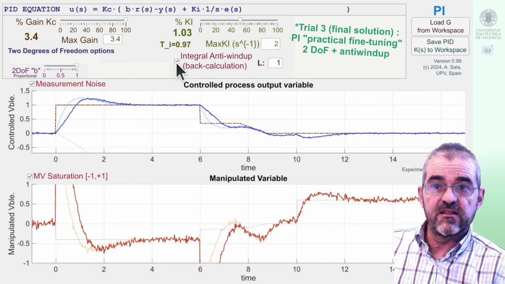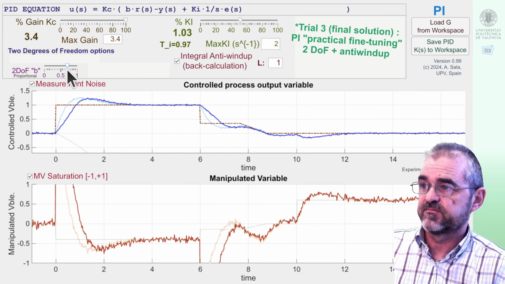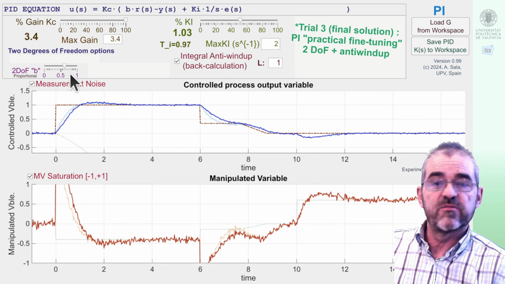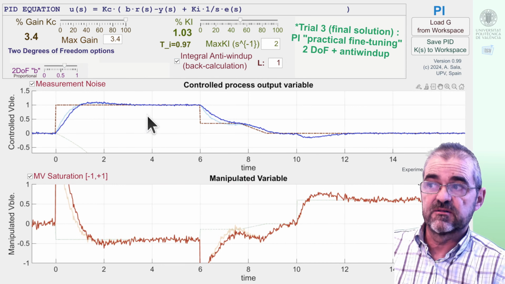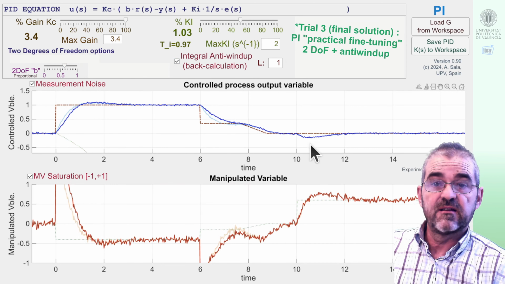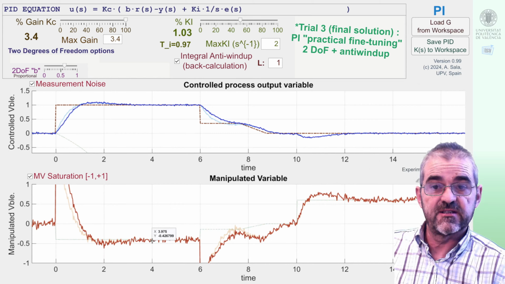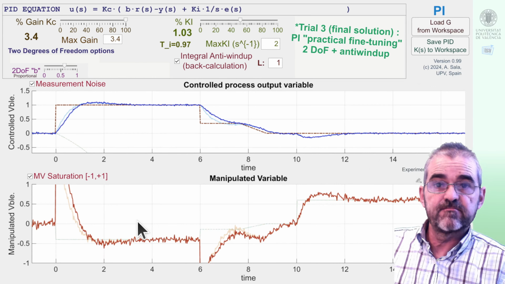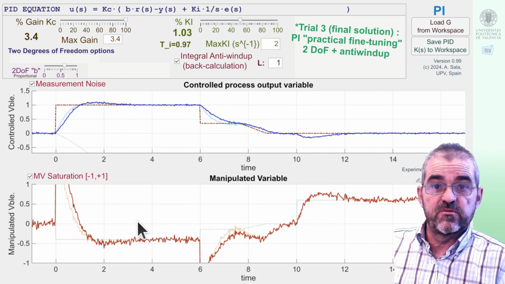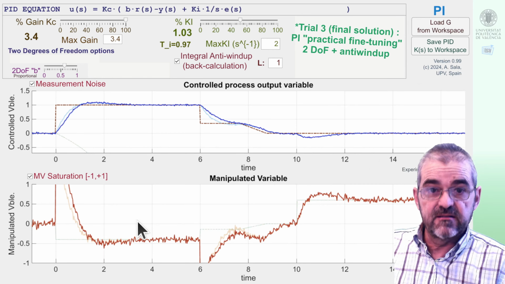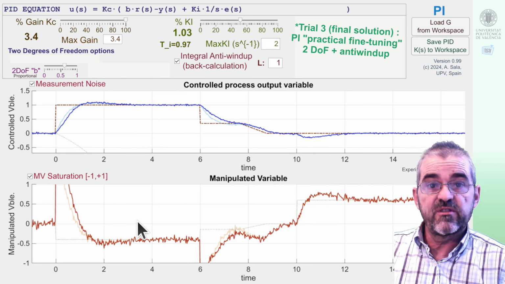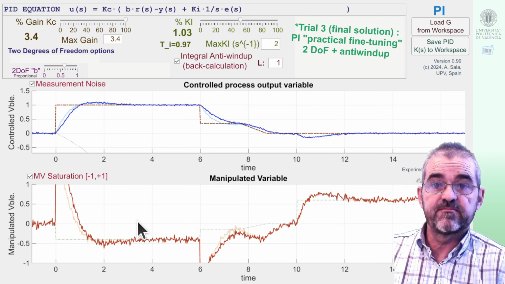So with this anti-windup and setpoint preprocessing, we may tune a reasonable setpoint tracking and disturbance rejection response with a reasonably low high frequency signal activity, and this would finish my practical PID tuning with two degree of freedom and anti-windup.